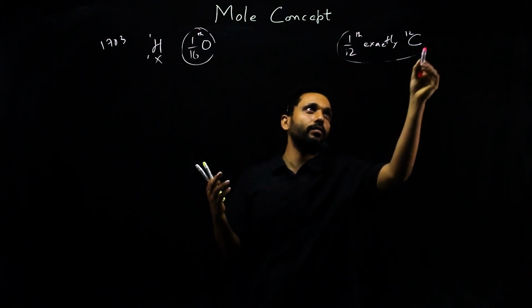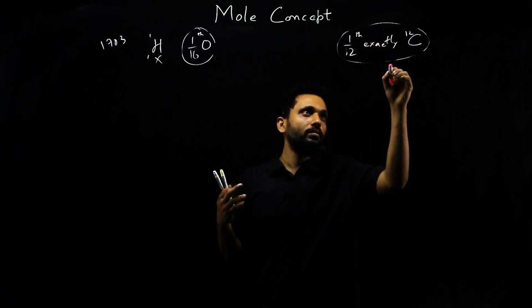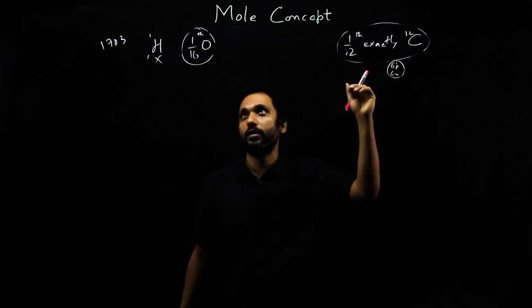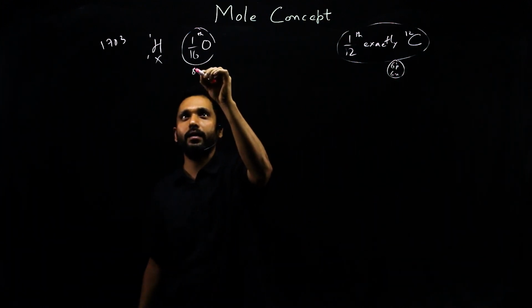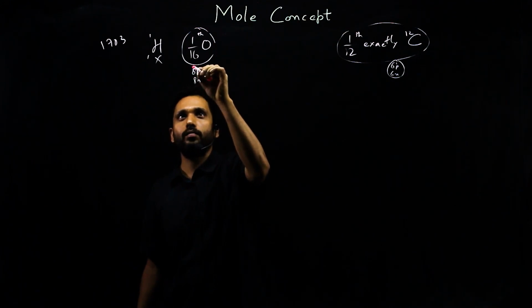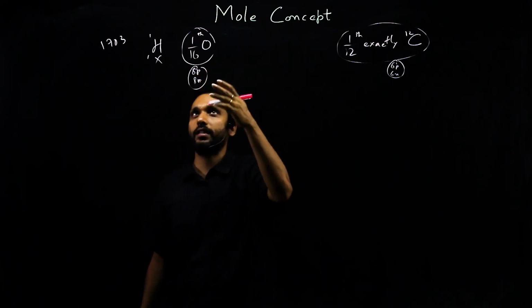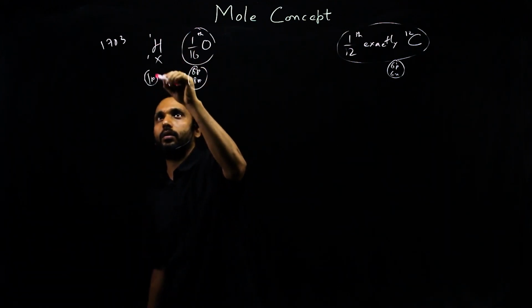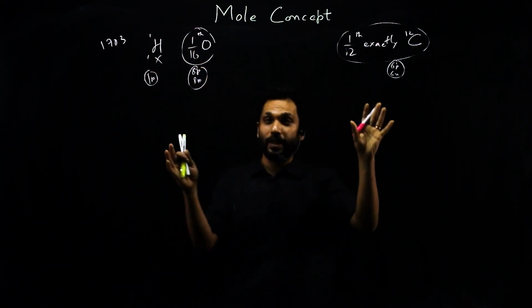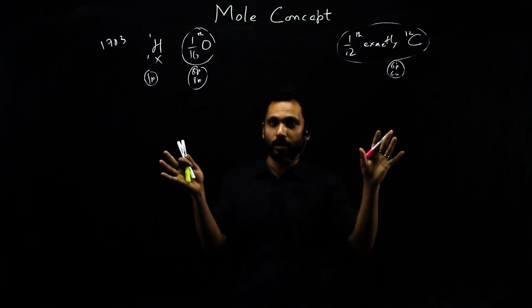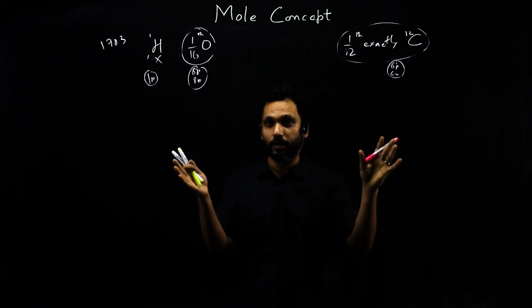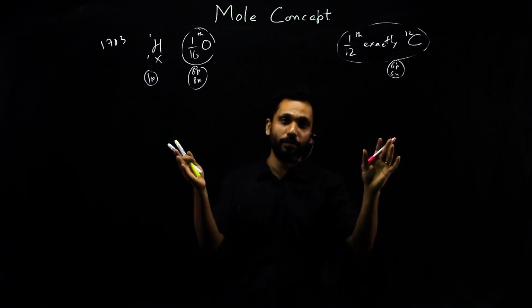This is also trying to give you the same value, because this has 6 plus 6, 12 nucleons in the nucleus. This has got 8 plus 8, which is 16. So 1/16th of this or 1/12th of this, or this is just one proton. One of this is basically roughly the same number, but to have precise calculations we should have the exact number. So that's the point of defining it.